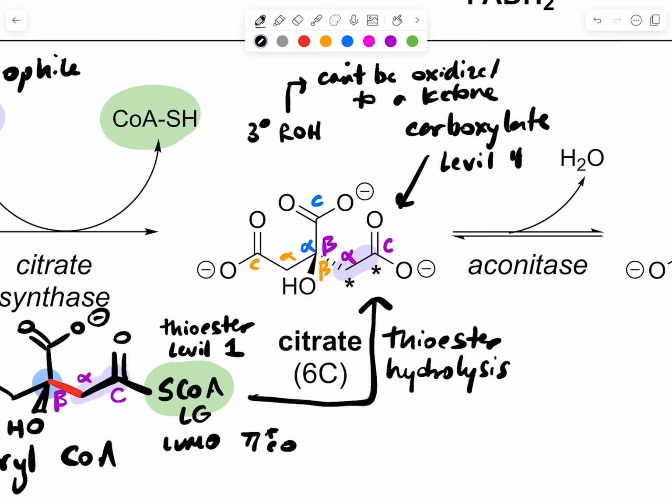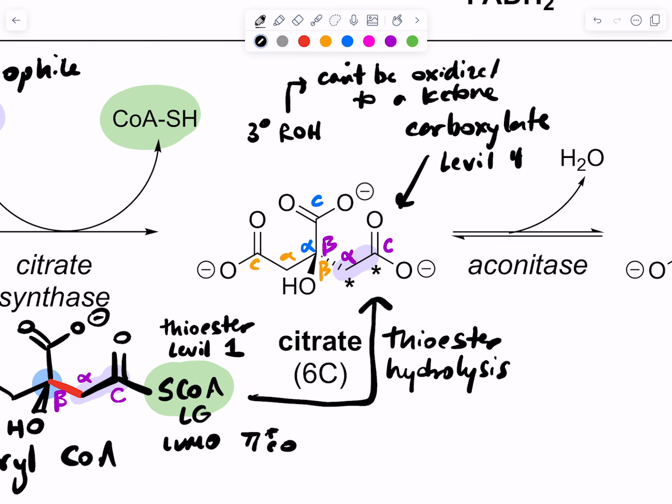Now, that's a big problem because our major goal at this point is to lose CO2. If we could only oxidize that oxygen to the level of a ketone, we could do spontaneous decarboxylation of a beta keto acid, but the OH is on the wrong carbon. So the next two steps are all about moving the OH to the right carbon.